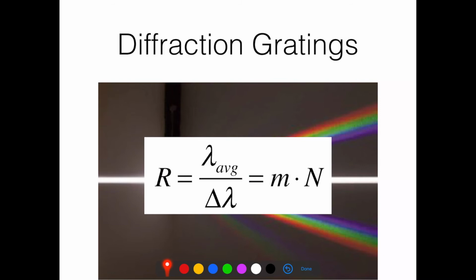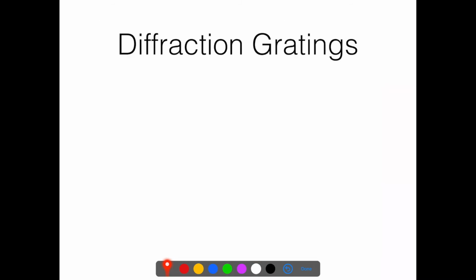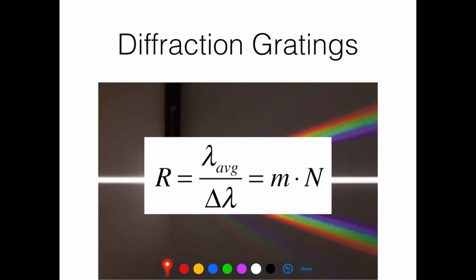Now, looking at the variables here, what do each of these things mean? Well, we're usually going to be considering two different wavelengths, okay? So the top here is the average of those two wavelengths, all right? So you just average them together.